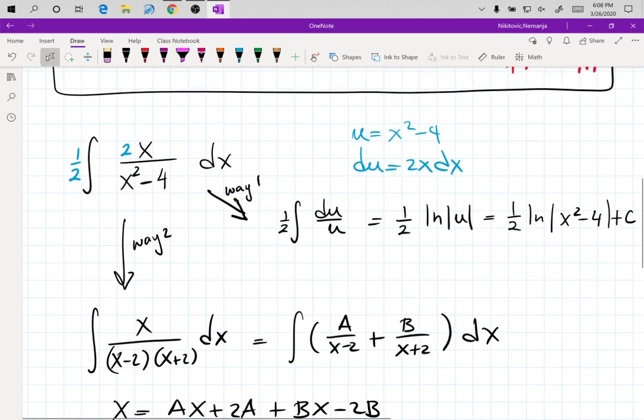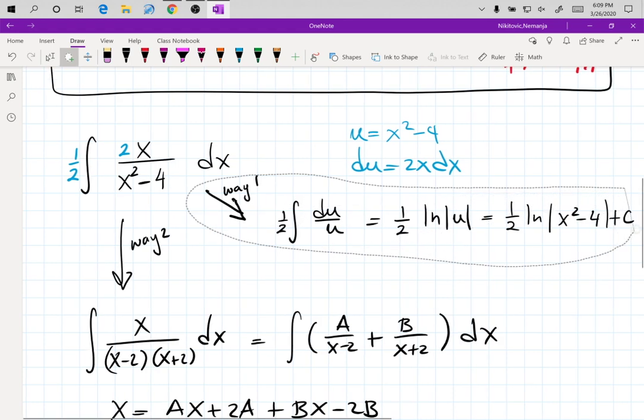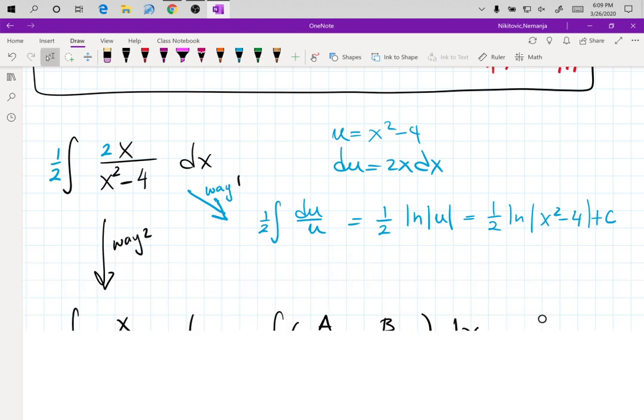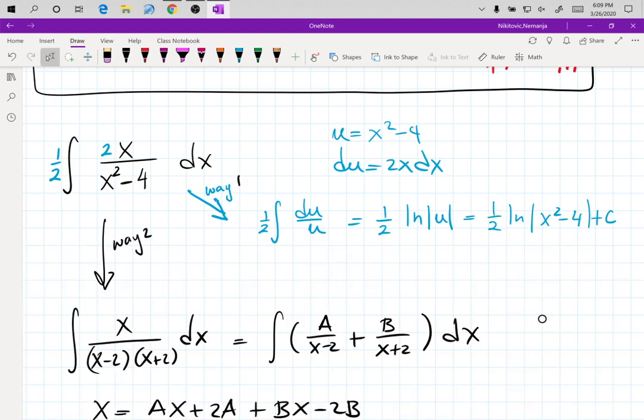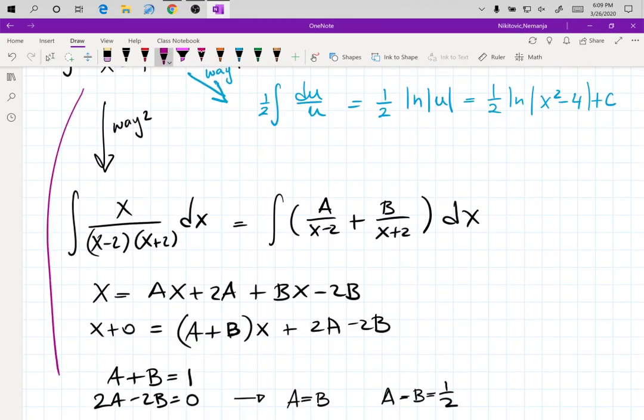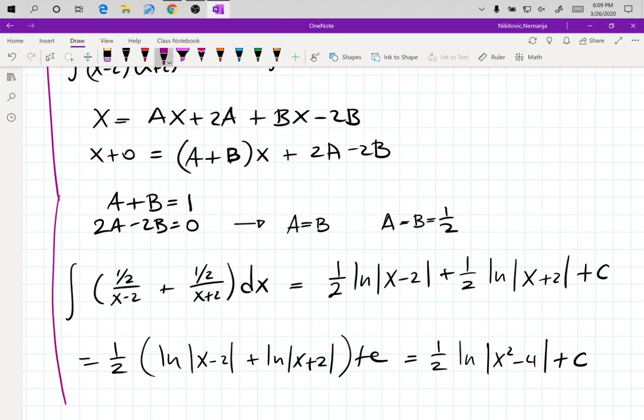Let me color code these. So this way 1 is all going to be light blue. There we go. That's your way 1. We leave way 2 black, and let's go purple, I guess, for the way 3.